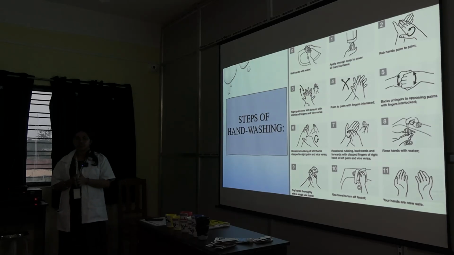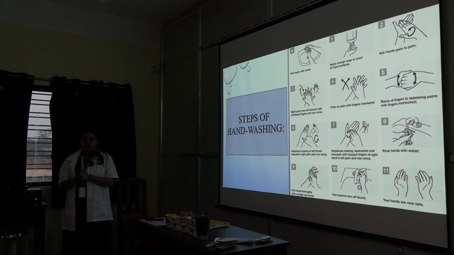First step is to rub the hands palm to palm. Then rub the dorsum of one hand with the palm of the other hand with fingers interlaced. Then palm to palm with fingers interlaced. Then rub the back of our fingers to opposing palms, and do this for the other hand also.